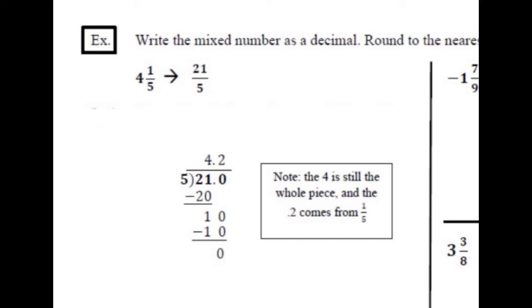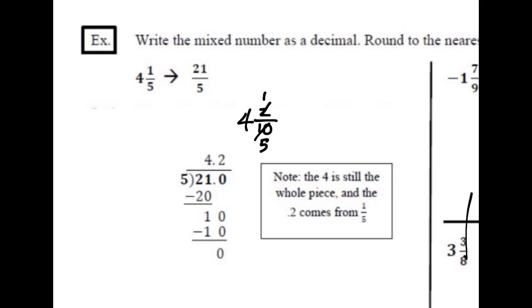The 4 that was here ends up being a 4 here. You say 4 and 1/5. So your answer should be 4 and 1/5 when you simplify that. And it is, because 4 and 2/10, those both divide by 2, right? So we get 4 and 1/5.